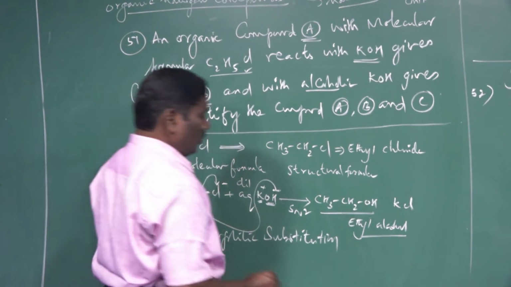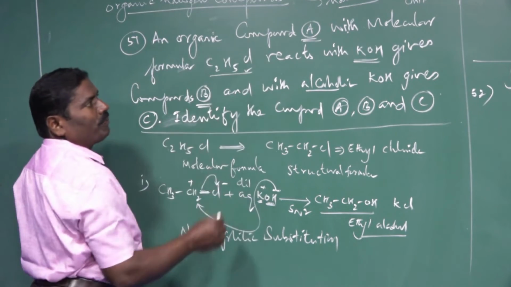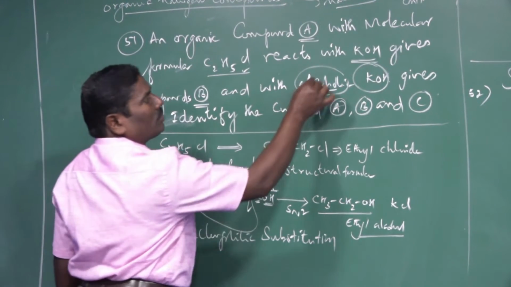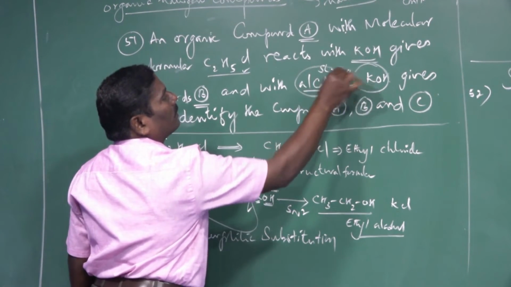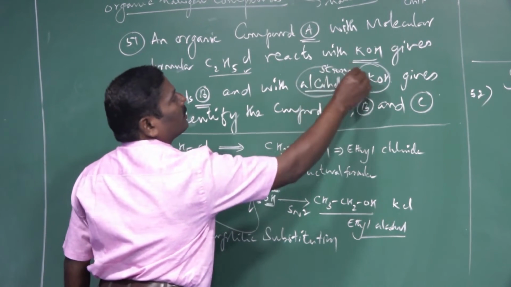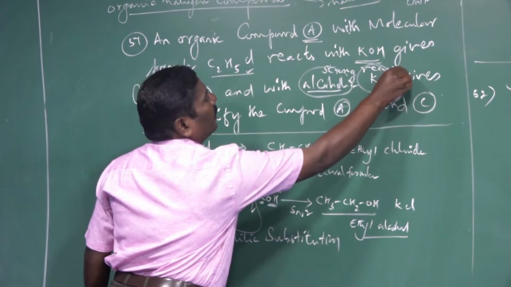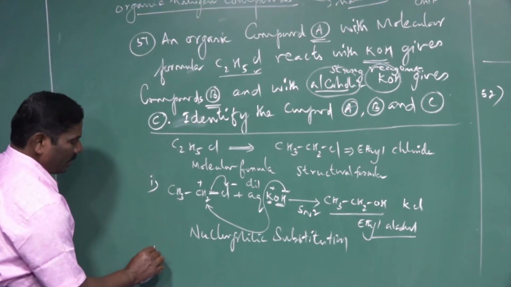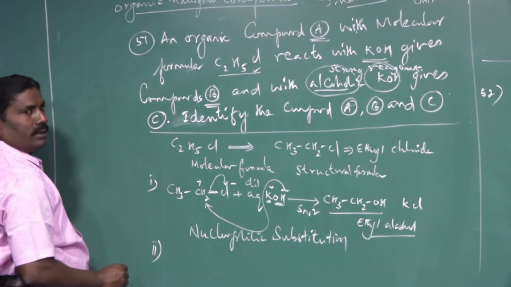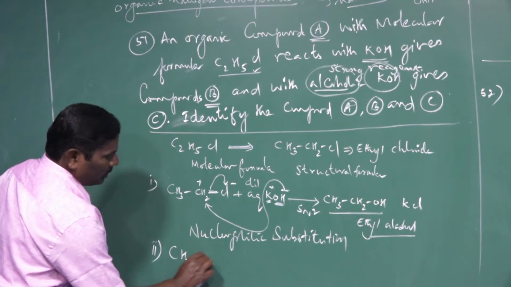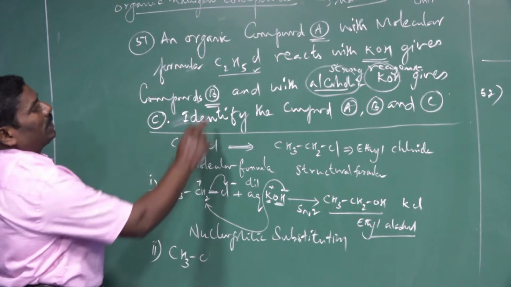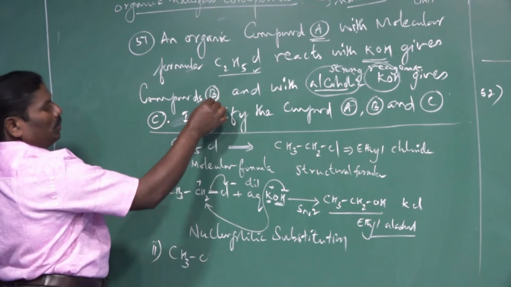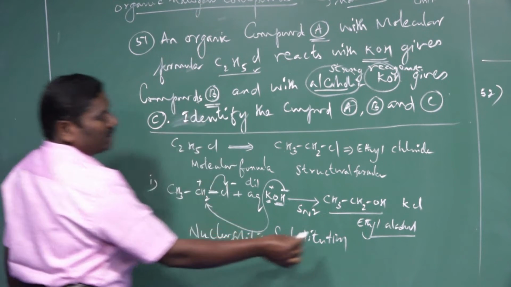Now the second reaction given in our problem: the compound reacts with alcoholic KOH, a very strong reagent. What is the reaction which is going to take place in this case? In the first reaction, the compound B is nothing but ethyl alcohol.